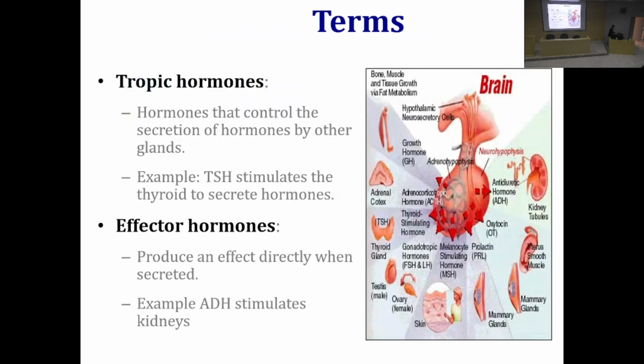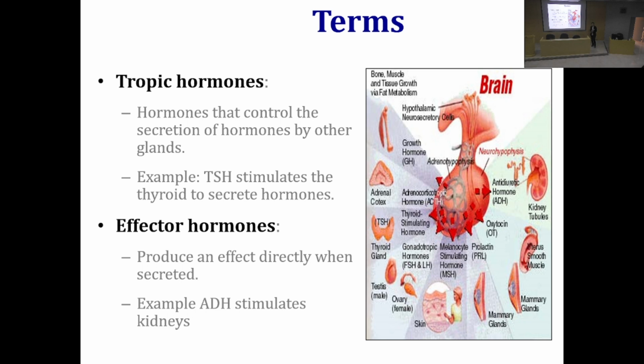It is composed of two lobes, the anterior lobe and the posterior lobe. The posterior lobe has two hormones. What are they? Oxytocin, antidiuretic hormone, or ADH. So oxytocin and ADH from the posterior pituitary. Everything else is in the anterior pituitary.